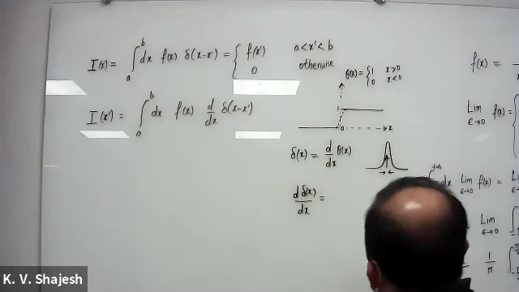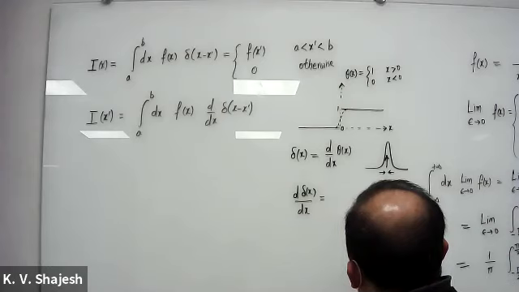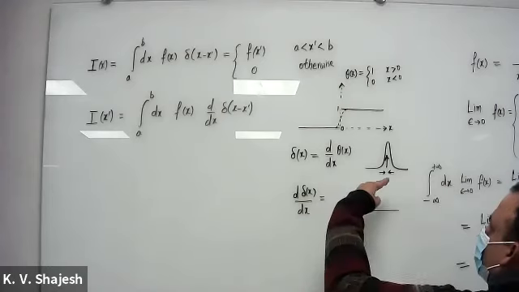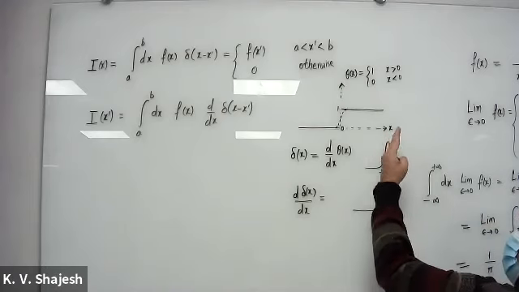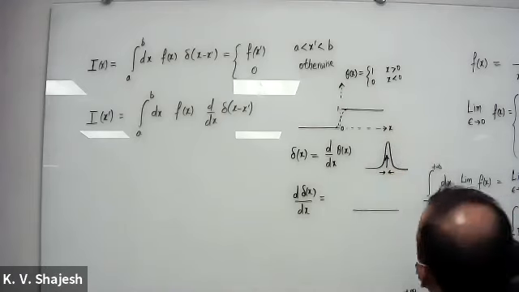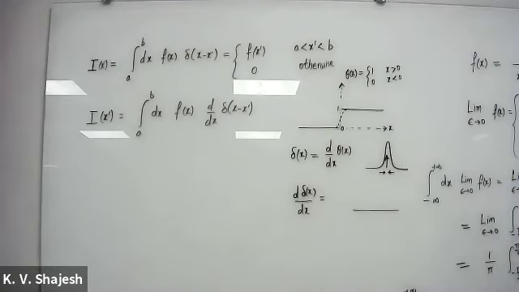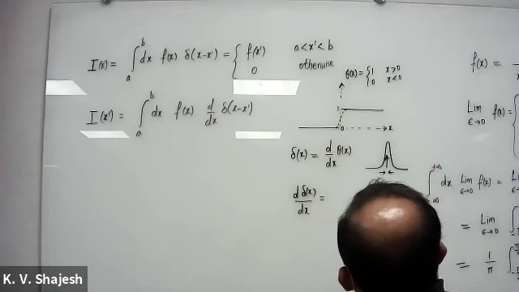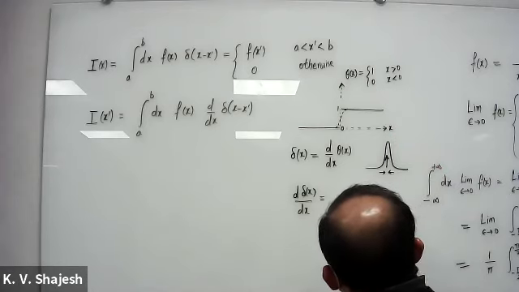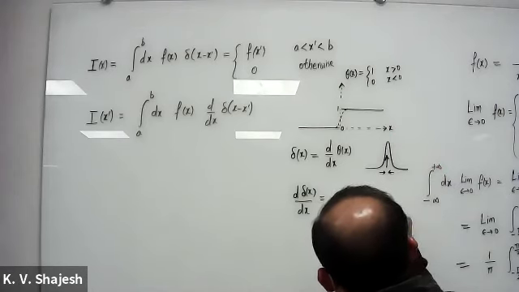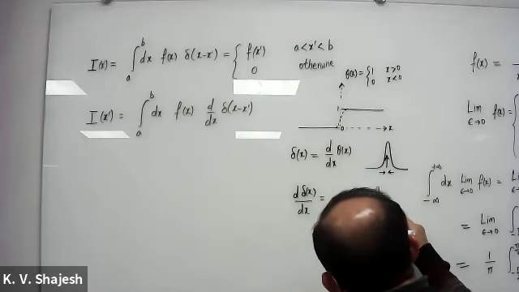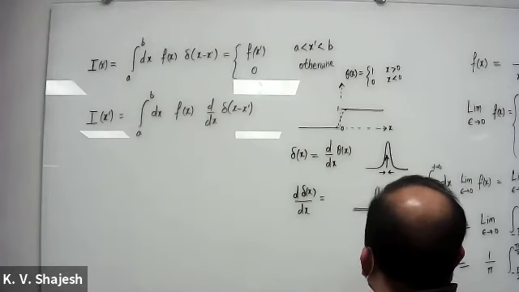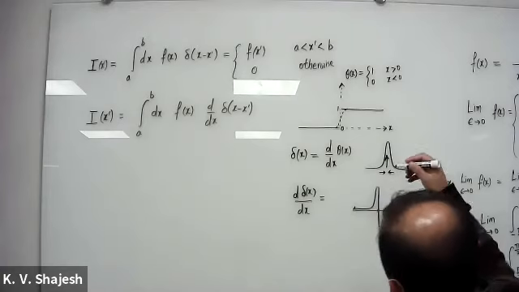Again, graphically speaking, think of the slope. So slope is 0, 0, then it goes all the way to infinity, but then again it goes to 0 right on the top here. So it does go up, but then it comes down. So it seems like the derivative of the delta function goes to infinity and then comes down, and again it goes up.